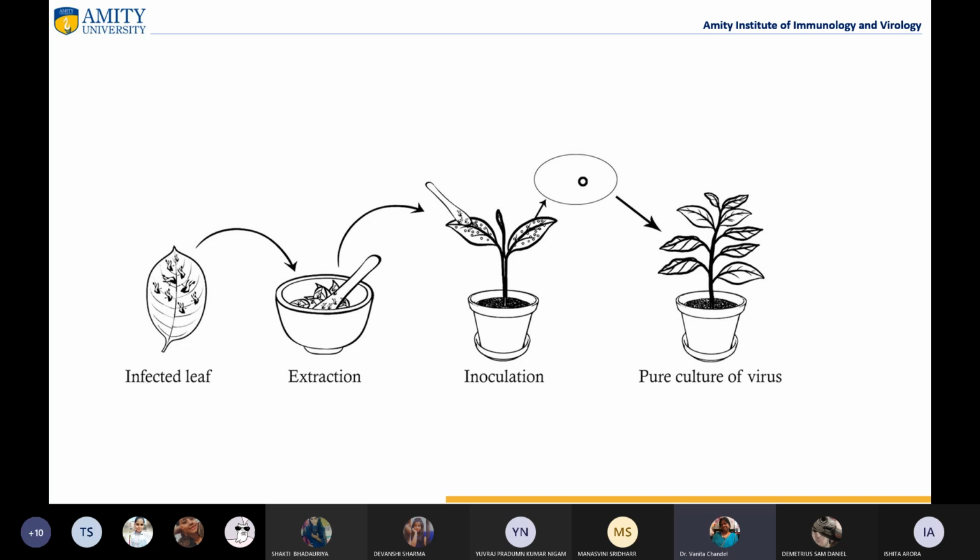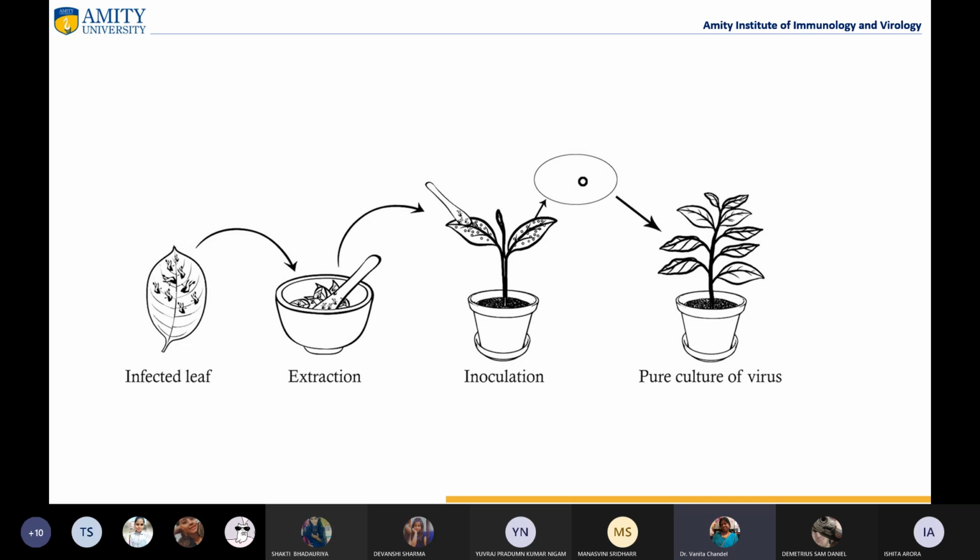We use carborundum powder, which is a very fine powder. Gently rubbing that powder, we can abrade the leaf, and then we can inoculate the virus. After some time we observe for symptom formation. When the symptoms are formed, maybe after a 1 week or 2 week interval, we check whether the virus is present by ELISA or PCR.